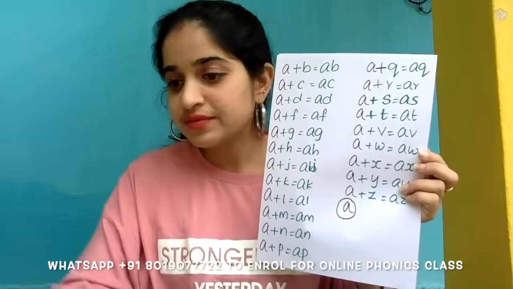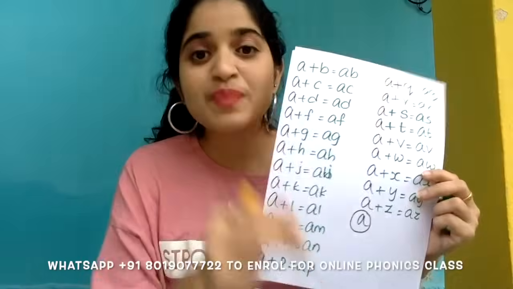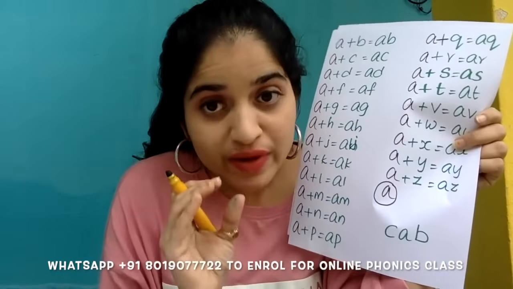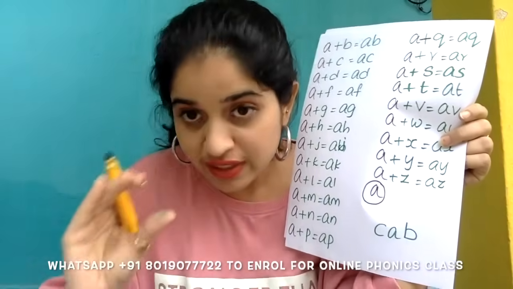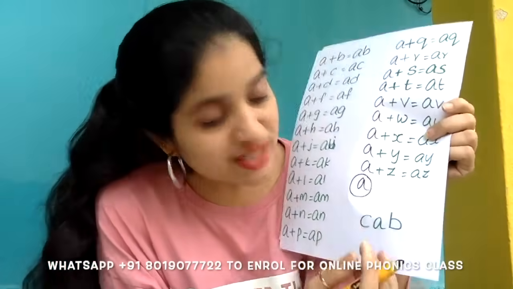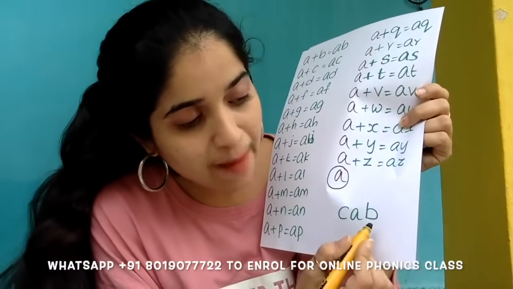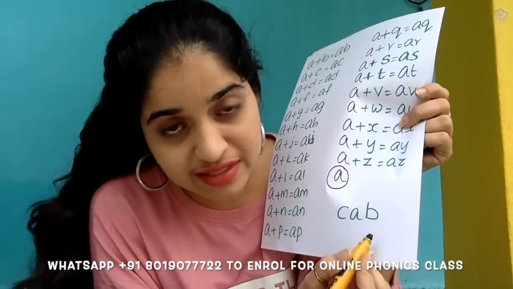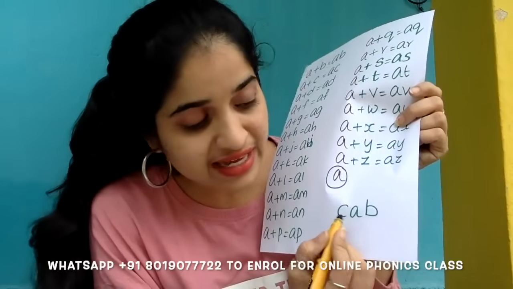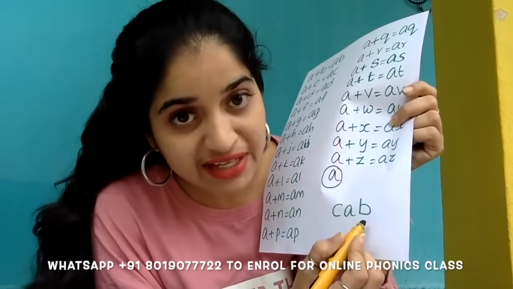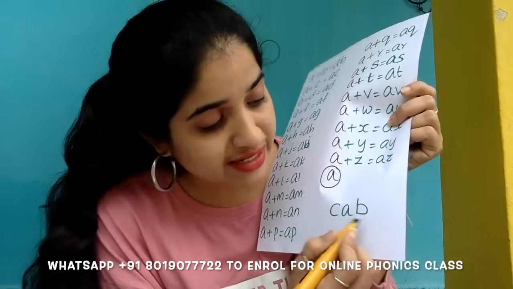For example, just in case we are teaching them the spelling of cab, here I'm asking you very importantly to read it like a tune. The reason here, just in case the child is already aware of all the phonic sounds, k, a, b, when you ask them to read this, the child will only end up reading it as k, a, b, but he actually doesn't understand what it says.